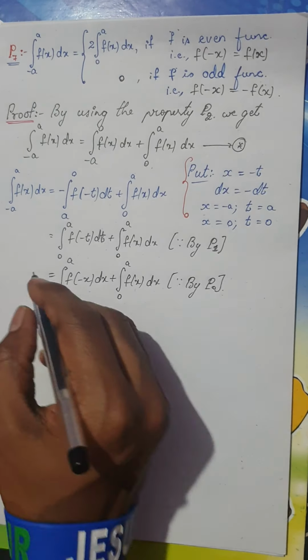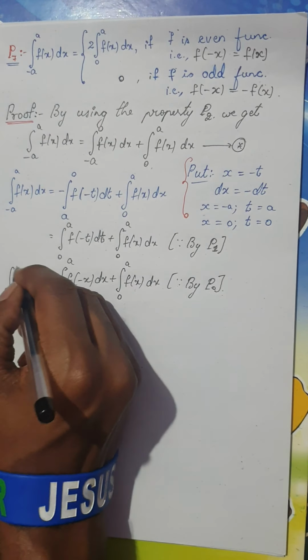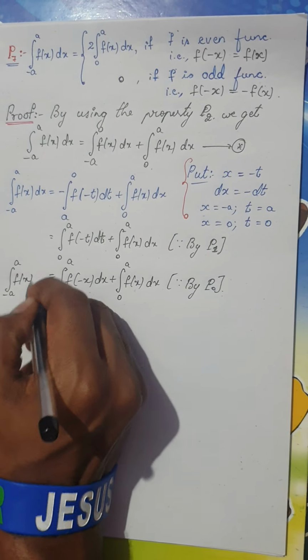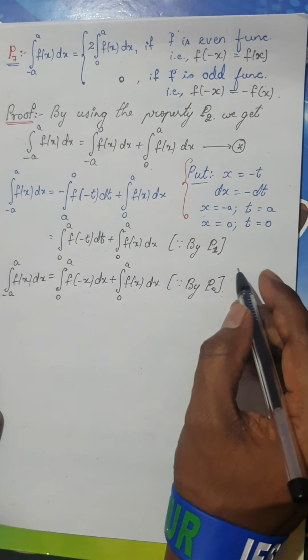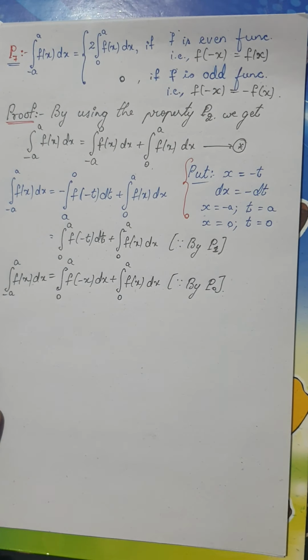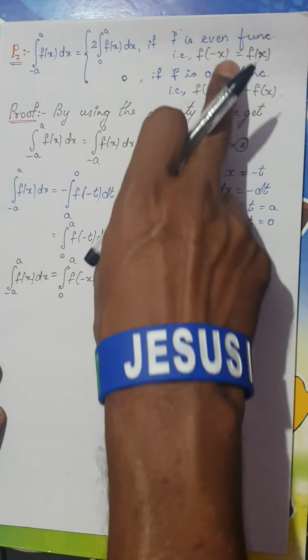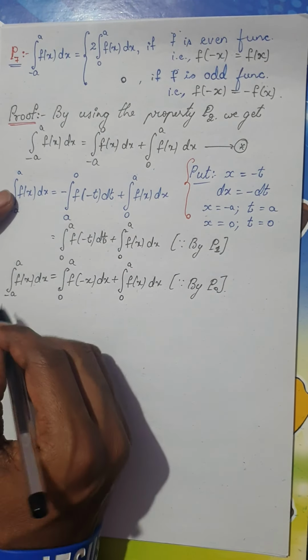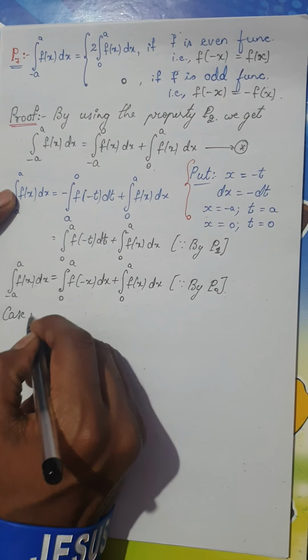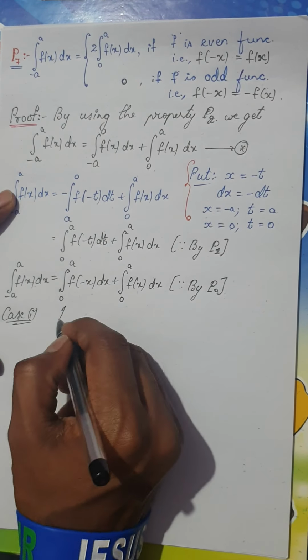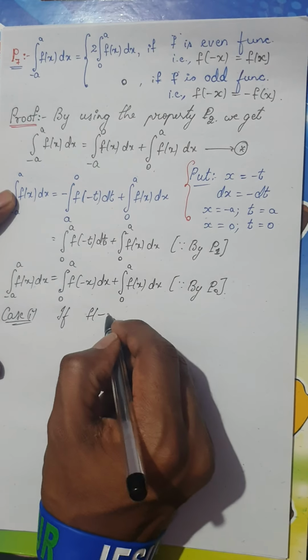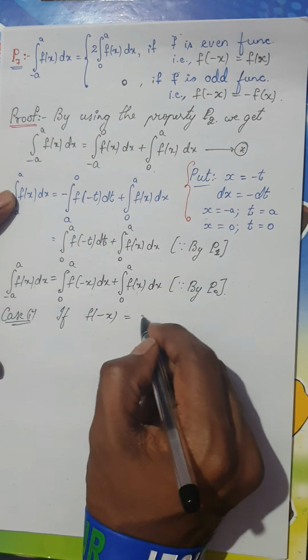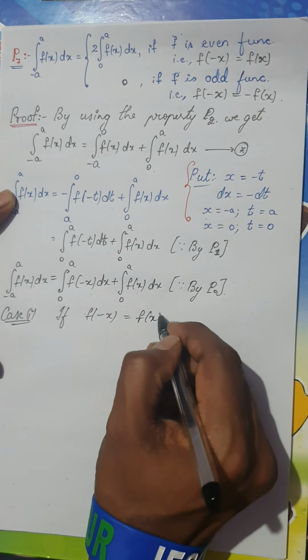Remember, the left hand side is the integral from minus a to a of f of x dx. This is an important equation. From here I am going to consider cases and prove the result. So let me consider case 1: if f of minus x is f of x itself.